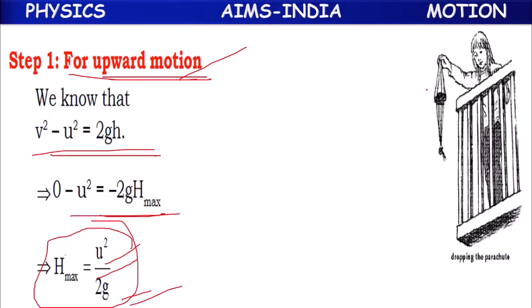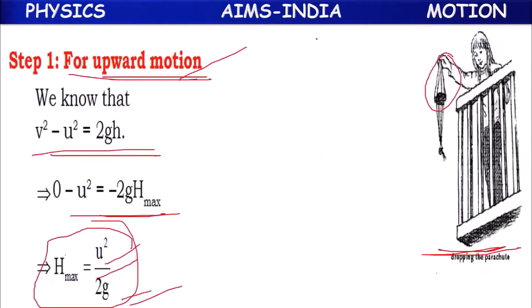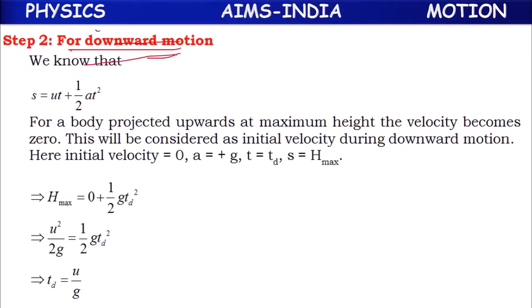If we drop the parachute, then at what time will it hit the ground? This is downward motion, so we have to take another equation, s equal to ut plus half at square.